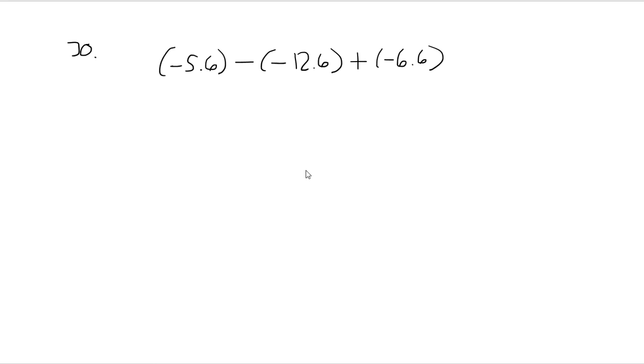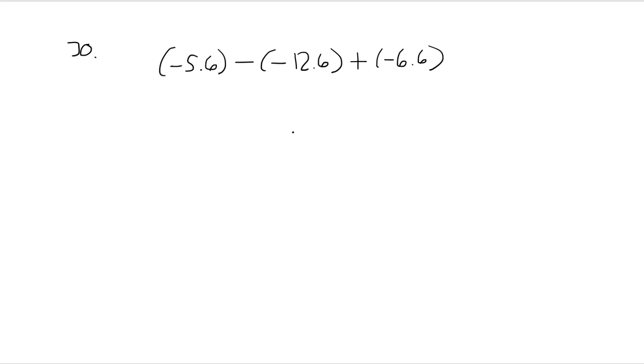Okay, so I want to go ahead and do one more example for you. This is number 30. Now, number 30 is a mixture of subtraction and addition. Okay, so remember, whenever you see subtraction, you are going to change that to addition. And then if it's addition, you just leave it as addition. Okay, so on this one, we have a negative 5.6 subtract a negative 12.6.